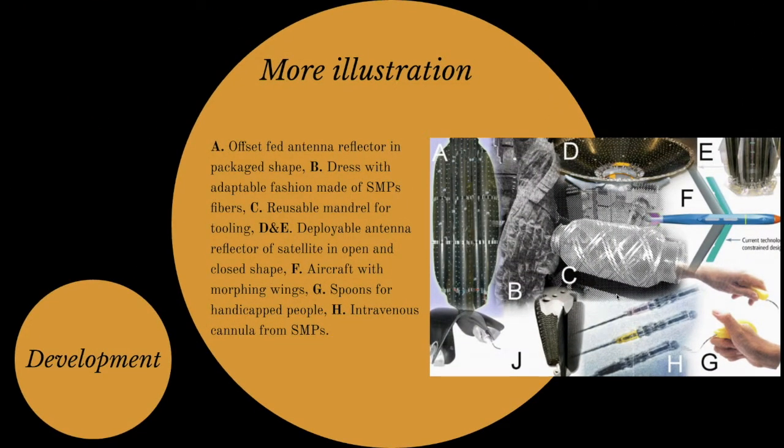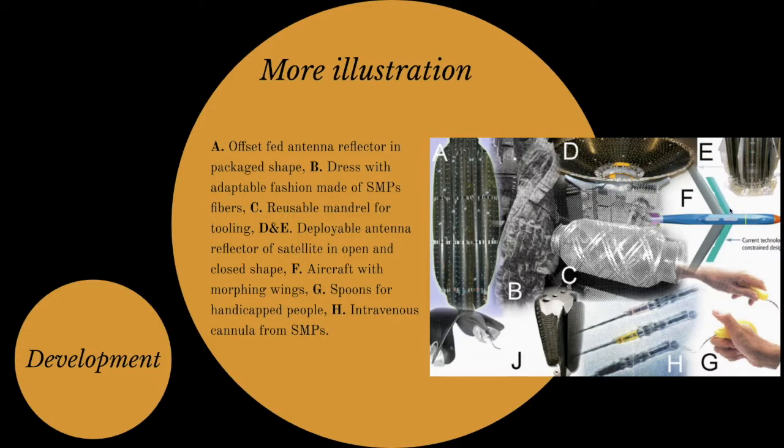So these are some pieces of equipment that have been established. A is the antenna reflector. B is actually a fabric, it's a dress, but the fiber is from the shape memory polymer.